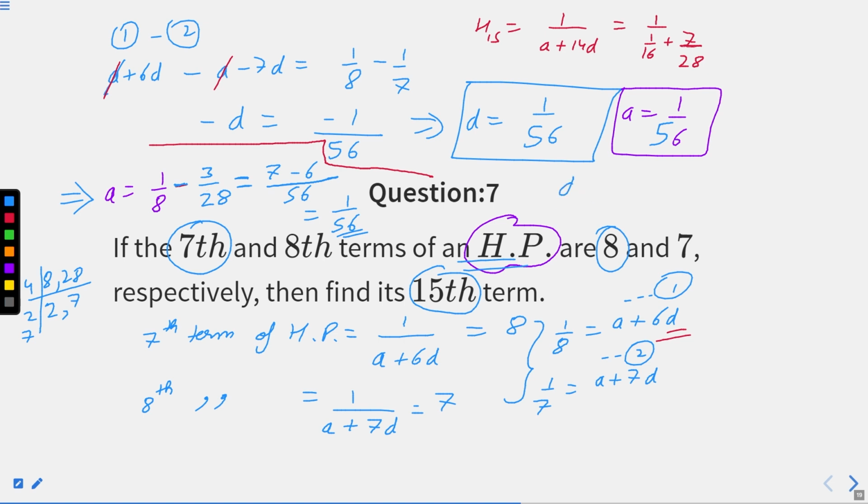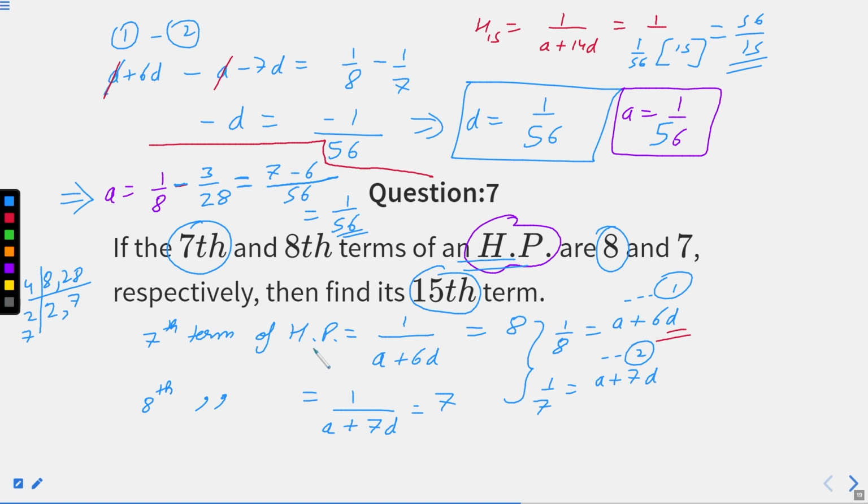So A and D are equal. Now H15 is, I can take 1 by 56 common, so 1 plus 14 is 15, so it is 56 by 15.